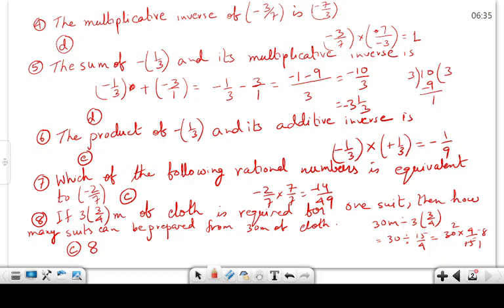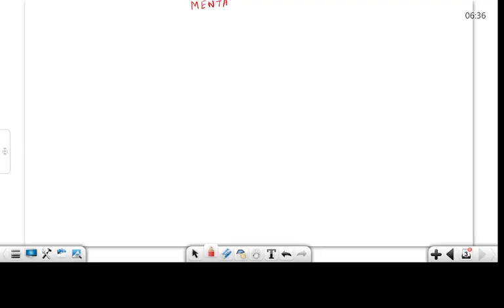Now we will go to the mental math for fill in the blanks. Let us see what is given in the fill in the blanks, that is mental math.